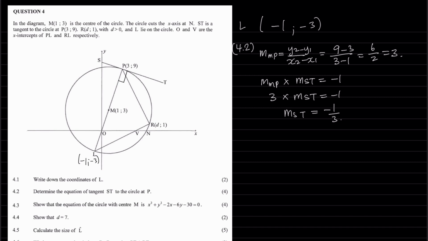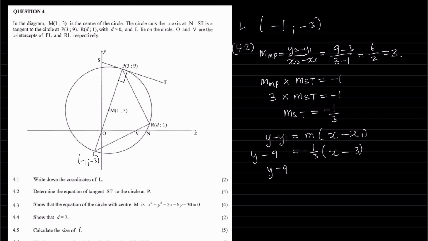Now we can use this formula to calculate the equation: y minus y1 is equal to m into x minus x1. We know m is minus 1 over 3, and y1 and x1 just need to be a point that's on the line. Point P lies on the line, so we'll use point P. So y minus 9 is equal to minus 1 over 3 into x minus 3.